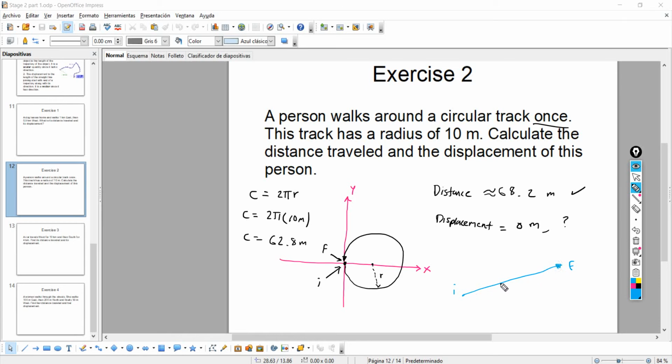And so this arrow does have direction, but since there is no displacement, it's 0, we cannot assign any direction to this type of displacement. So just saying 0 meters is perfect in this particular case. Only in this particular case when the displacement is 0 meters. And that concludes this problem.